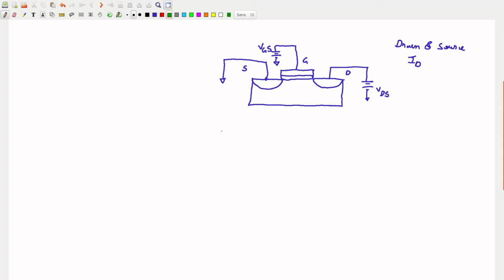Now, what is a current? Current I is equal to the rate of change of charge, dq by dt, which can be approximated as the change in charge with time.